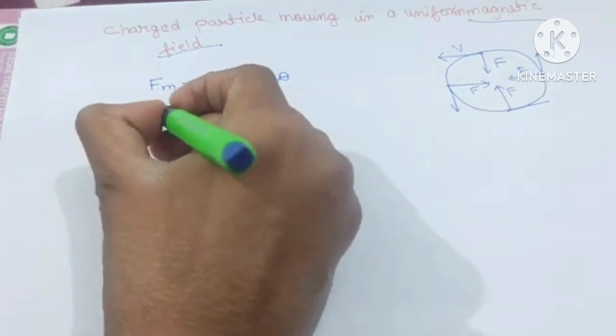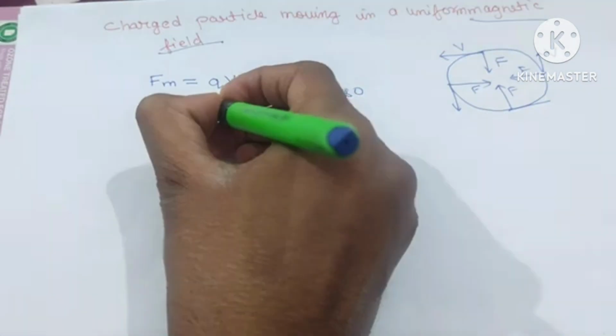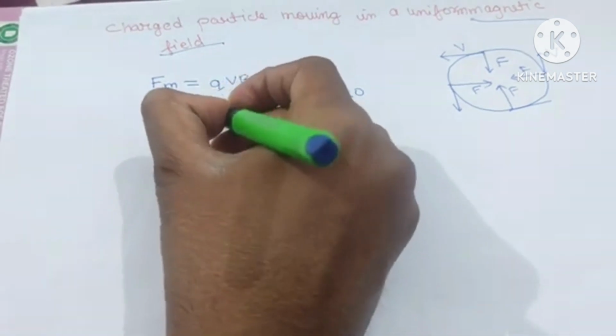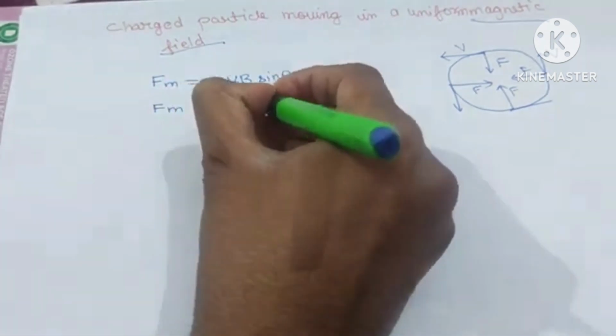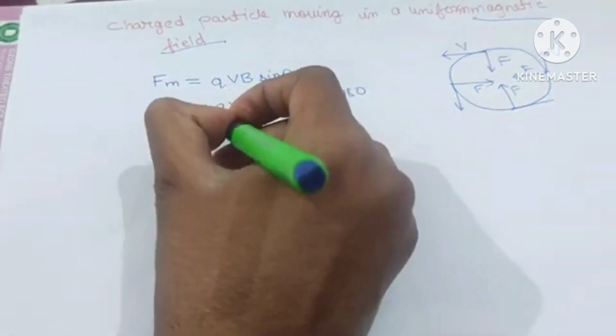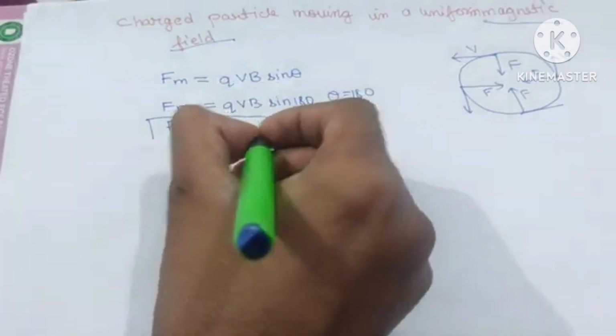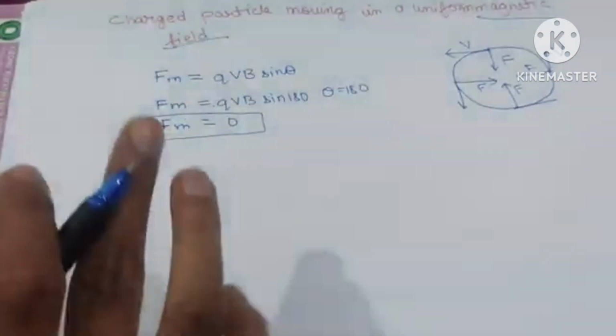If you take theta equal to 180 degrees, it will become 0. So Fm will become 0, so it's not going to work.